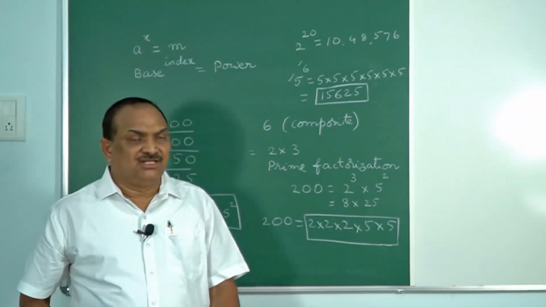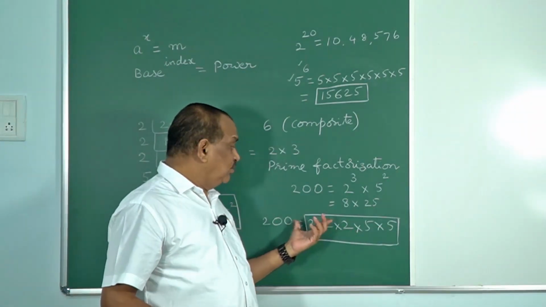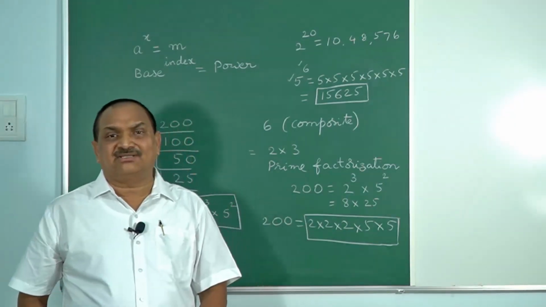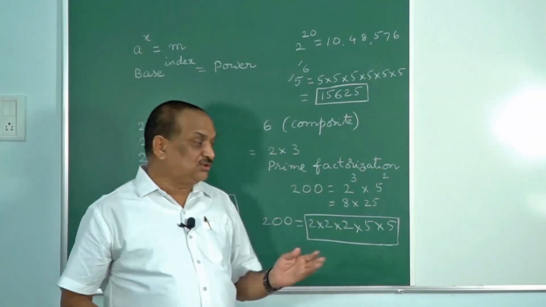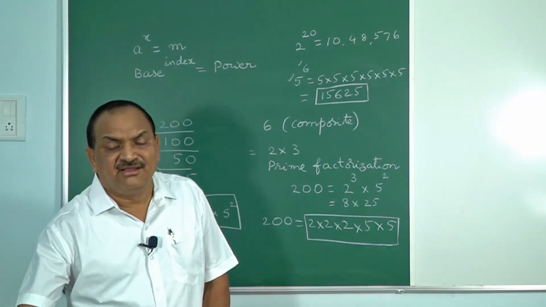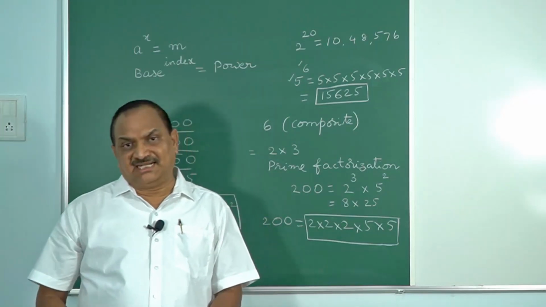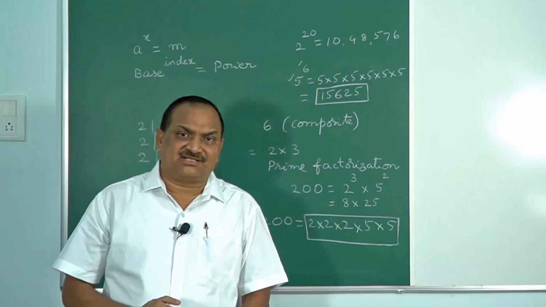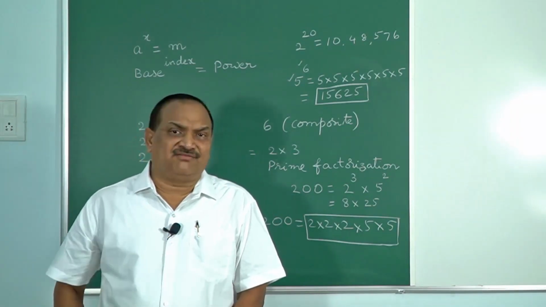You can't make another prime number come here. If 2 is repeated 3 times, it should be only 3 times. You can't take out 1 or 2 of them and put some other number; you never get this 200. So this is what we mean by the fundamental theorem of arithmetic, which states that any integer can be resolved into prime factors in a unique way.